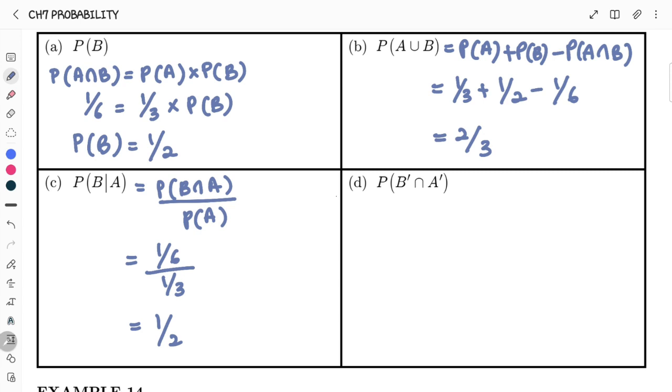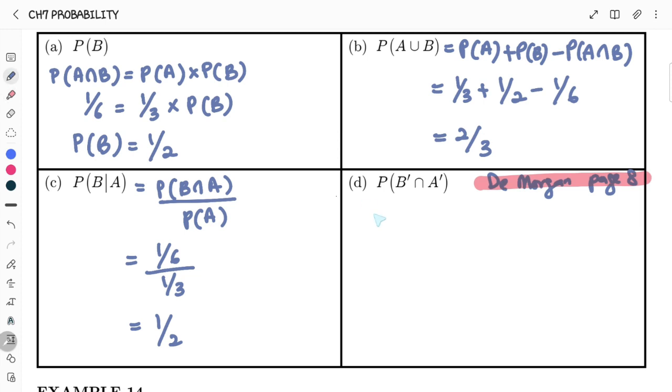And lastly, from De Morgan's rule, page 8, you can refer to that.